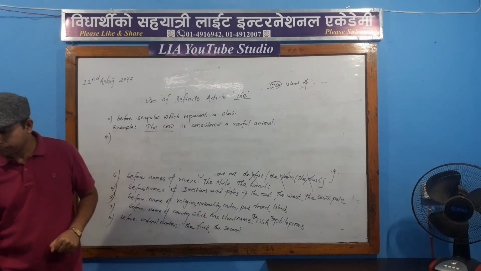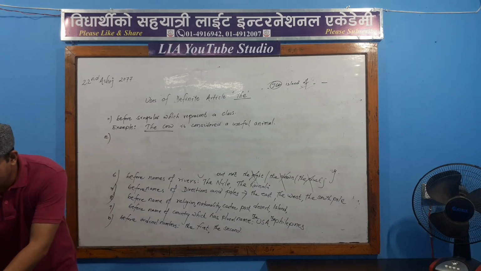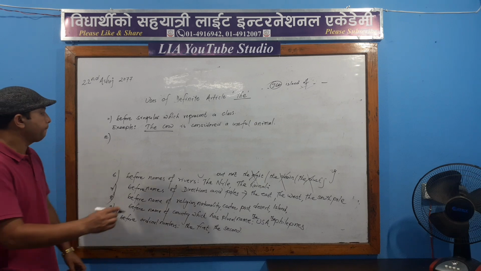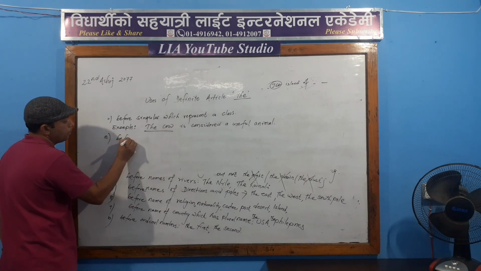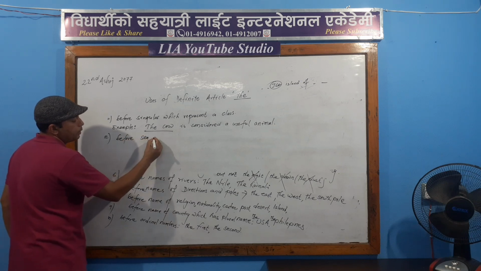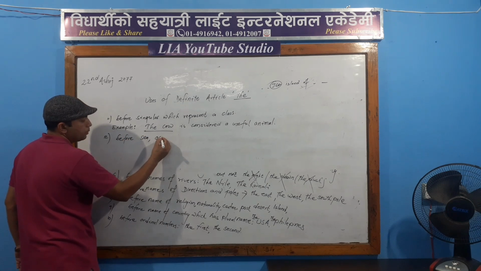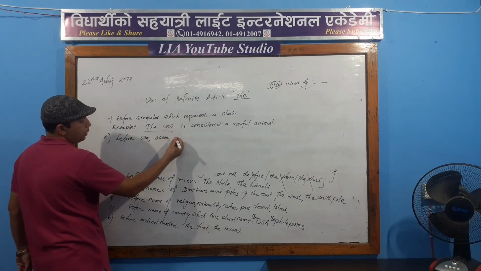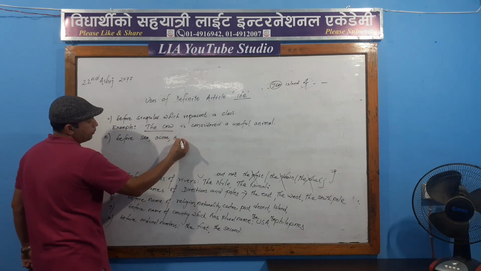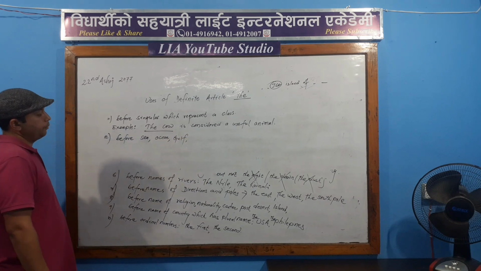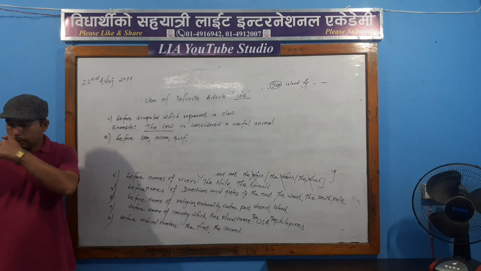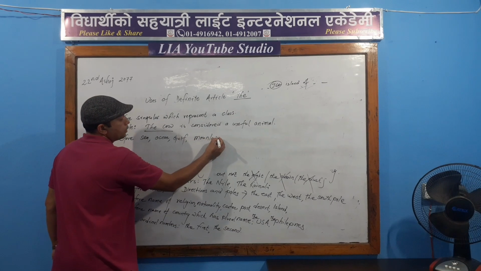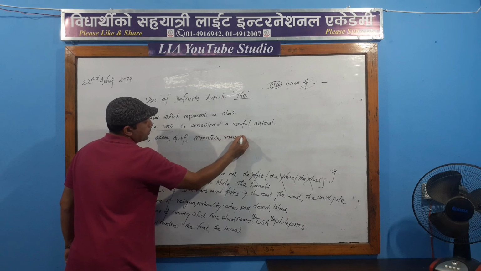Okay, number 12. Excuse me. I may have missed anything. Let me check. Before sea, ocean, gulf, etc. Islands, mountain ranges, right?